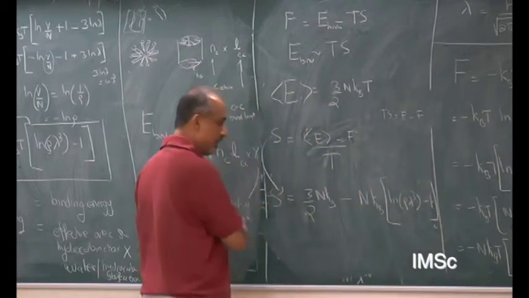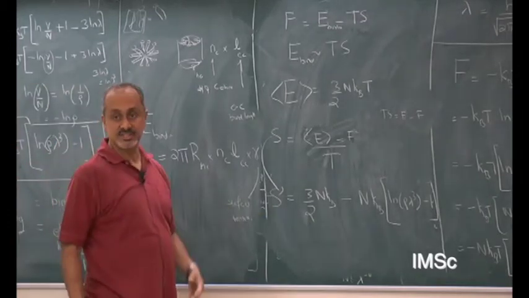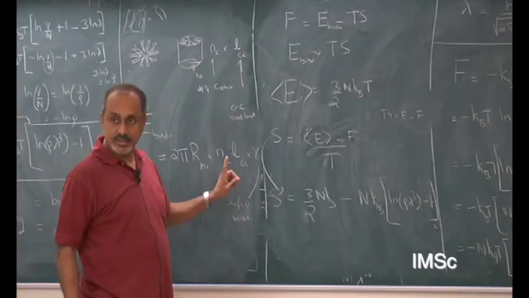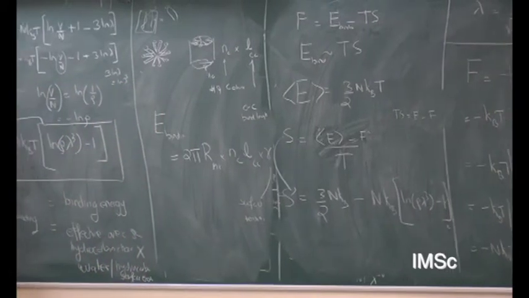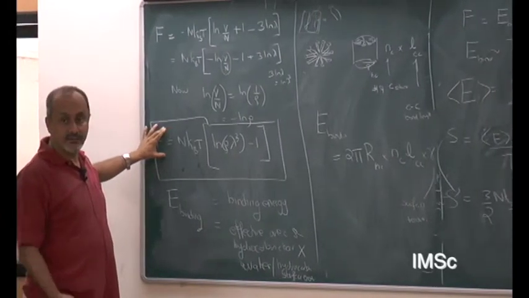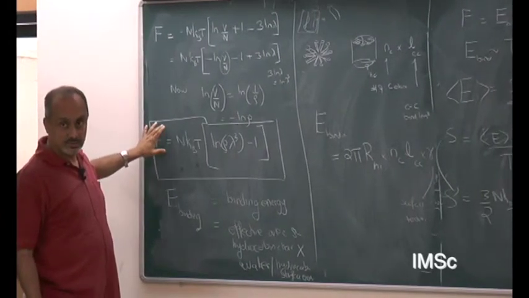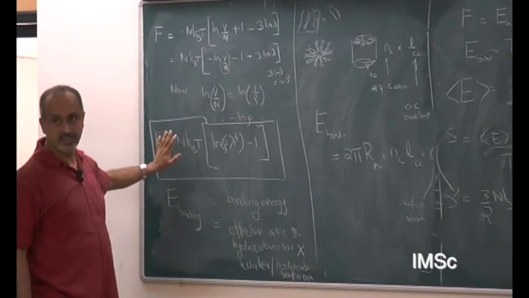So this is now my entropy S associated with the homogeneous state. Is it clear what I did? I went back and said, all right, I have now calculated my free energy here. From my free energy, I can calculate my average energy in many ways. A simple way to do it is to take a derivative with respect to beta and put a minus sign, where beta is 1 over kBT.